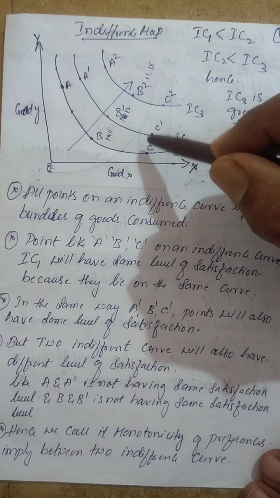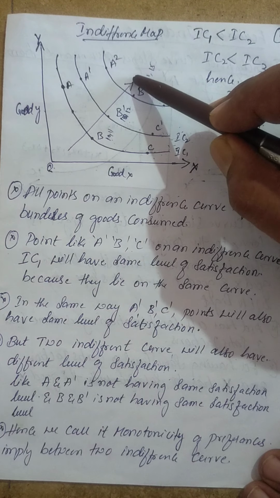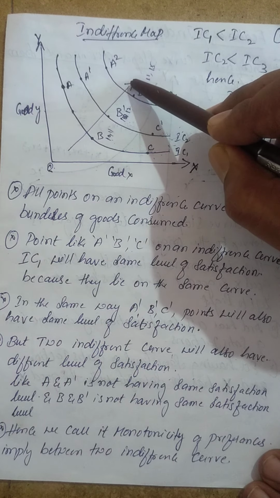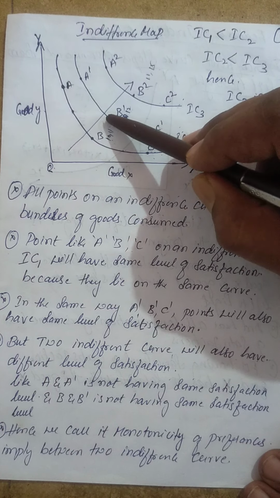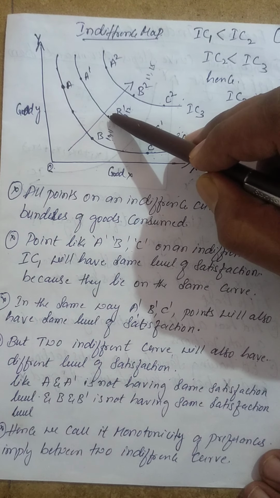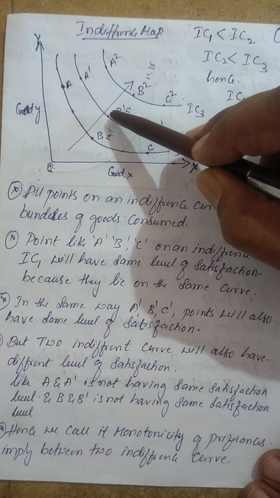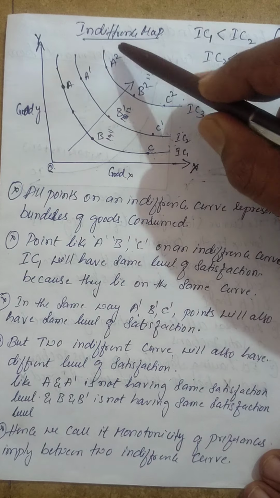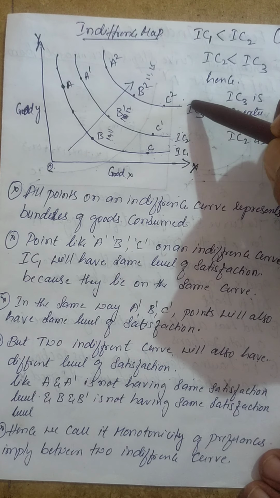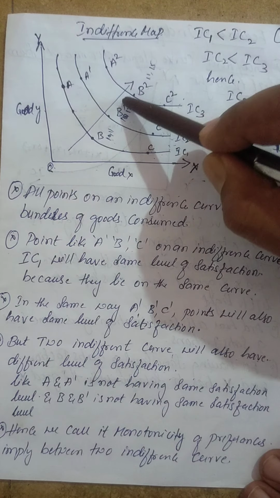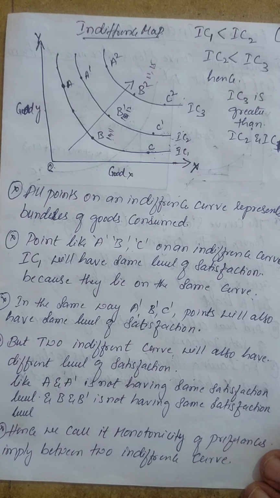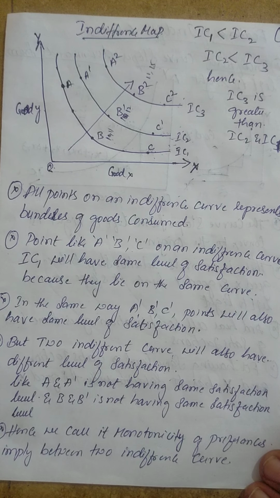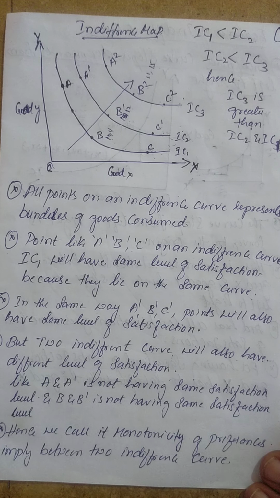We have also put one particular line, because from this to this is lesser satisfaction, and this is lesser than this curve in the level of satisfaction. That means this has the highest level of satisfaction. So the satisfaction level keeps on increasing. It depends on the preferences and tastes of the consumers. Whenever the tastes and preferences change, his satisfaction level also changes, isn't it?